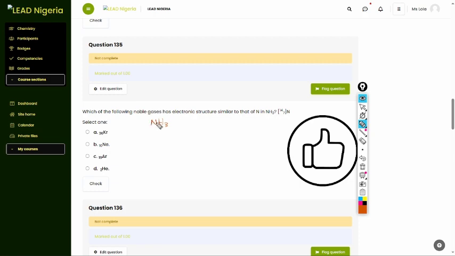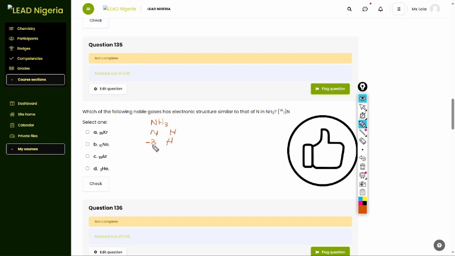Here nitrogen has a combining power of 3, and hydrogen has a combining power of 1. The subscripts are usually exchanged. So nitrogen has to gain 3 electrons and hydrogen has to lose 1 electron for this bond to be formed.